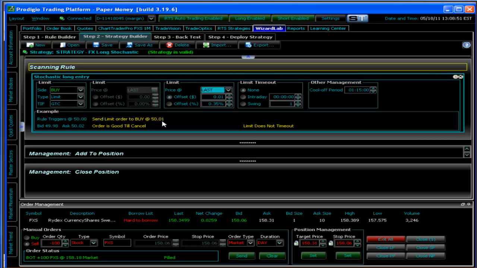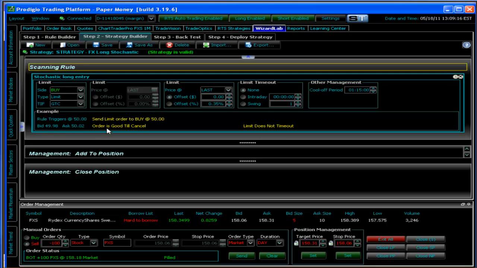There's a greater chance that there's another trader on the other side willing to take that price. But then there's the other side of that coin, and that's price improvement. In order to do price improvement, I need a negative offset. And this example gives you an example, to be redundant, of exactly how that's going to work. So that's going to send a limit order to buy at $49.99, and that's going to possibly have price improvement.